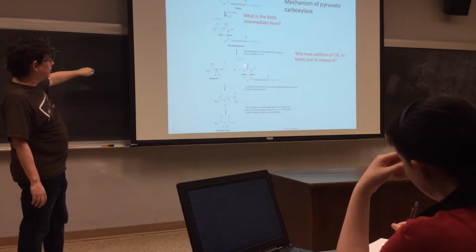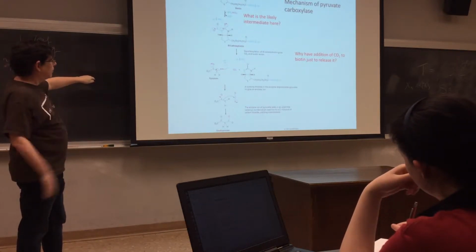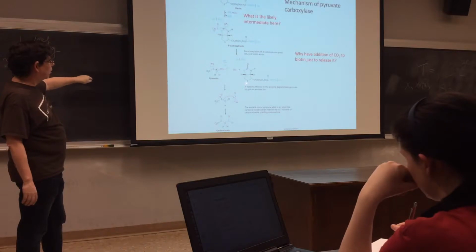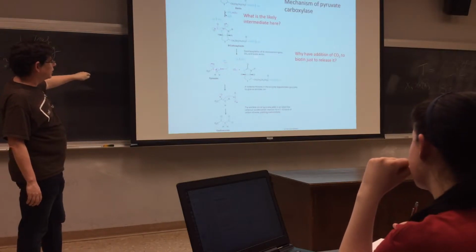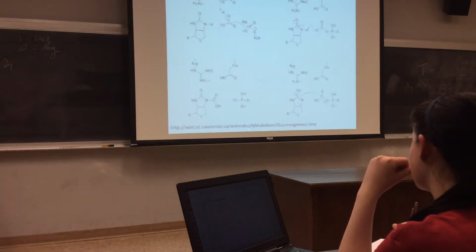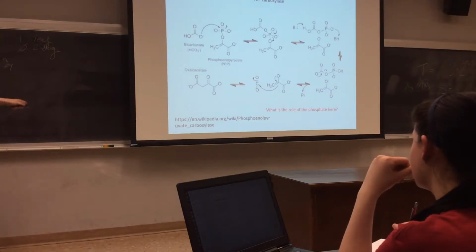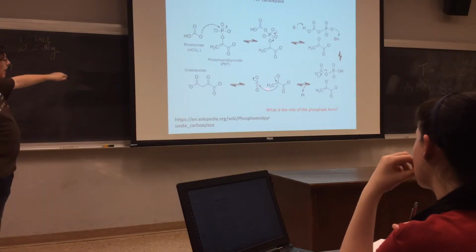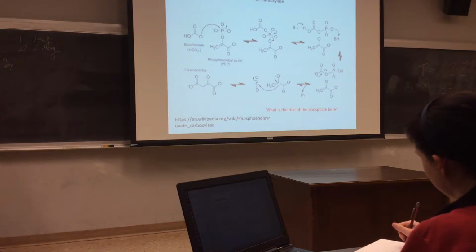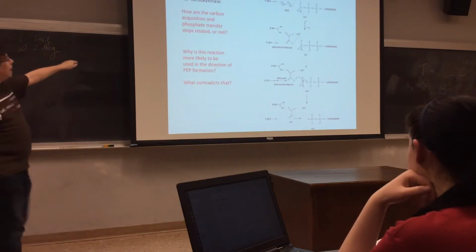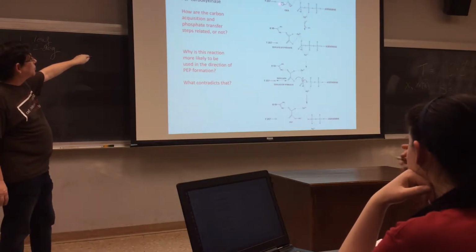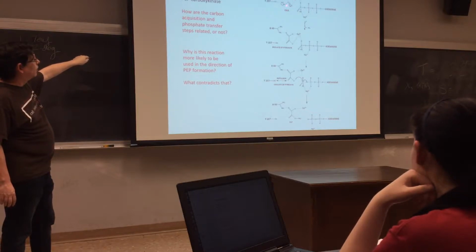So biotin was your leaving group here in one of the mechanisms that Chad alluded to, or CO2 is released when we just attack it with an enol. With the carboxykinase reaction, we actually have, again, a direct attack on CO2, no leaving group. And here we have a direct attack on CO2, going in the reverse direction, no leaving group.